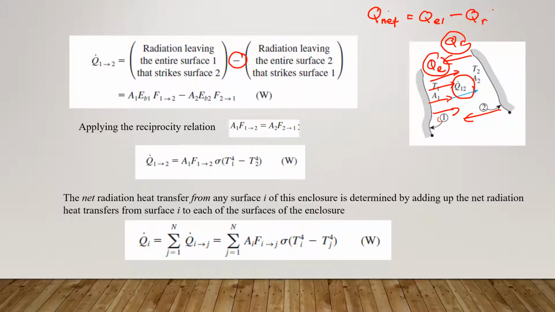Therefore, to find the net radiation from 1 to 2, we have to subtract both of these.